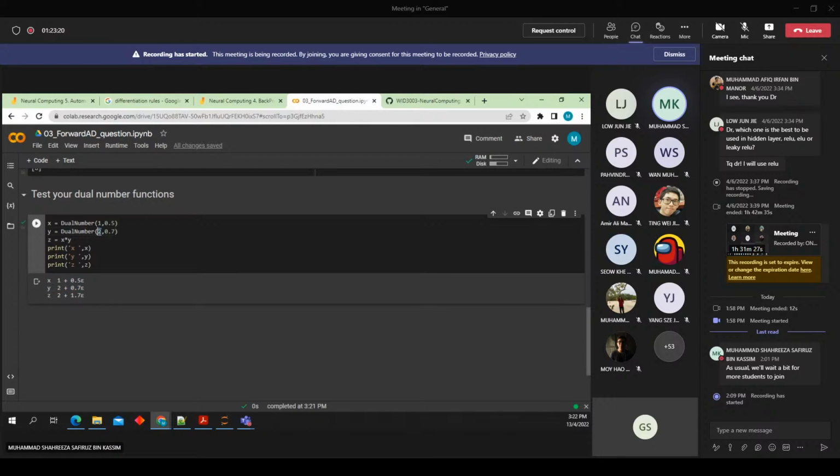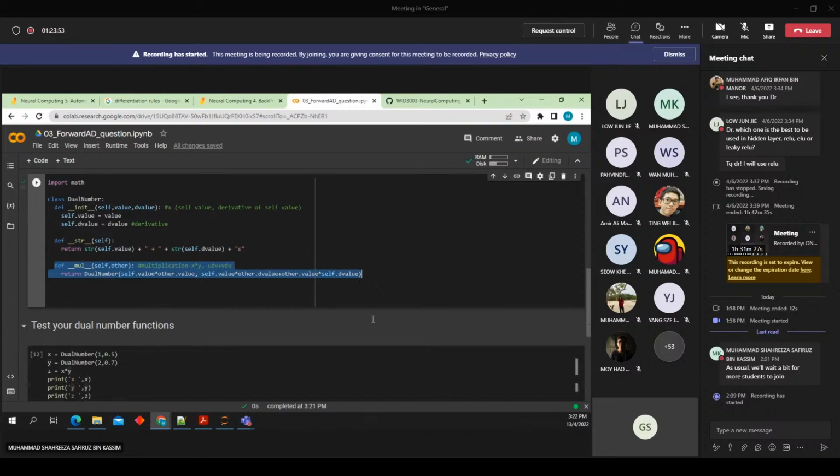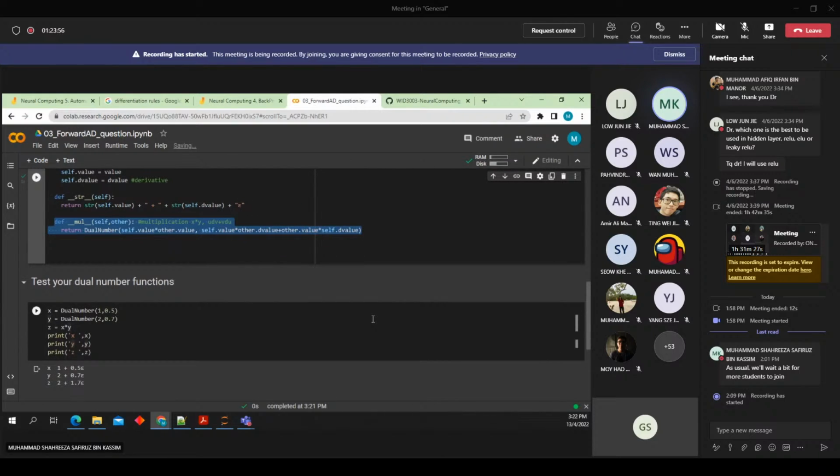This is the value of y, and this is dy, 0.7. So you're writing the expression, and this part of the expression is derivatives. You do some operation on these two dual numbers, and you have this. Why is this possible? Because we have already defined the multiplication using the product rule. Okay. Do you have any questions?